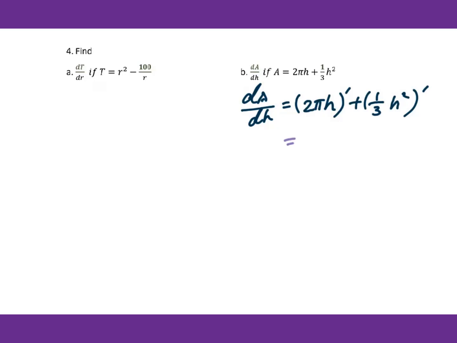You will get, this is a linear function, so we get 2 pi plus, drop down, so 1 over 3 times 2, then h to the first power. So we organize, you will get 2 pi plus 2 over 3h.